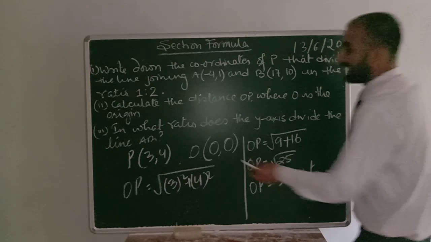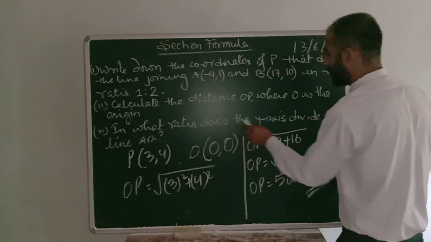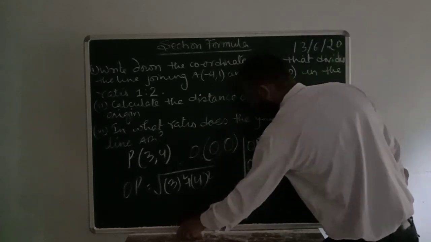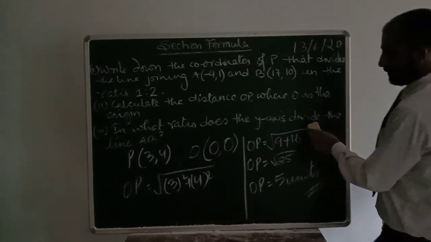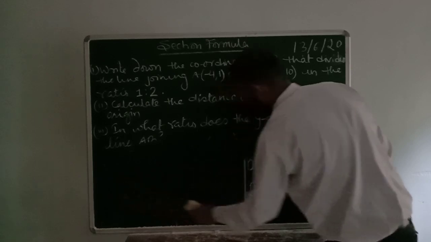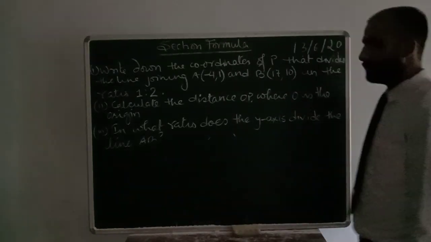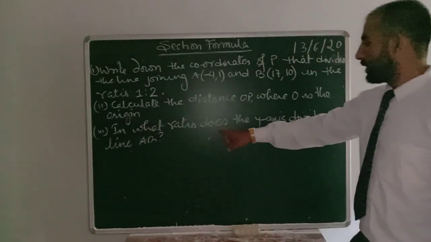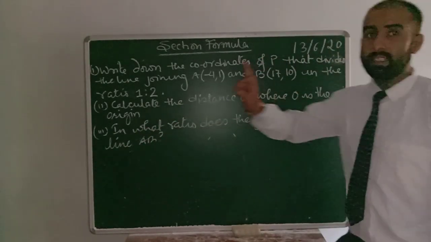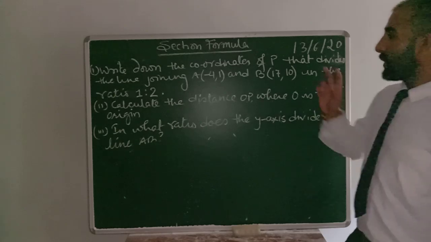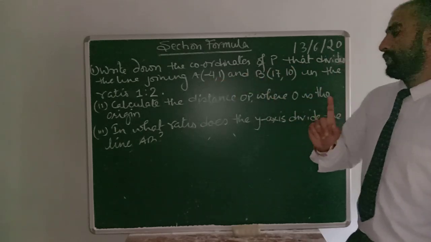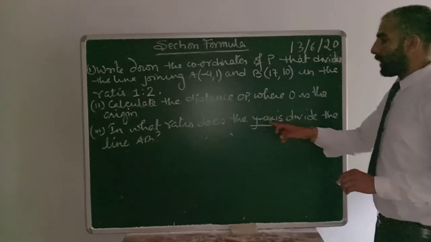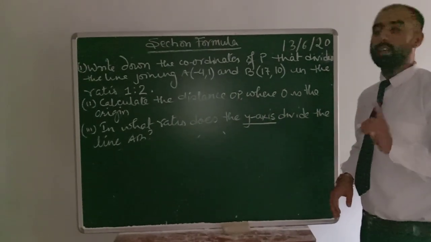Lastly, in what ratio does the y-axis divide the line AB? In what ratio does the y-axis divide line AB? That means we have got the line AB, in which ratio does the y-axis divide it. We know when it comes to y-axis, its x coordinate is 0.